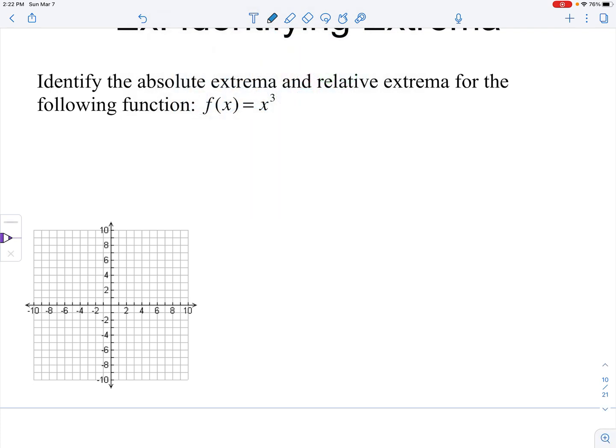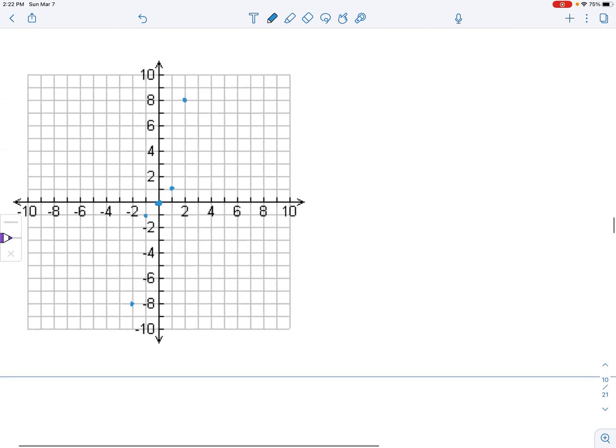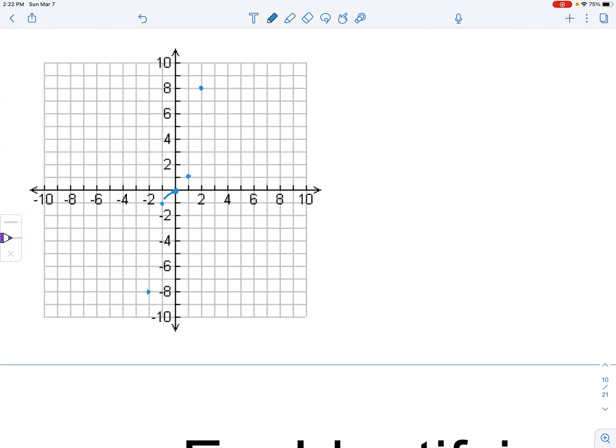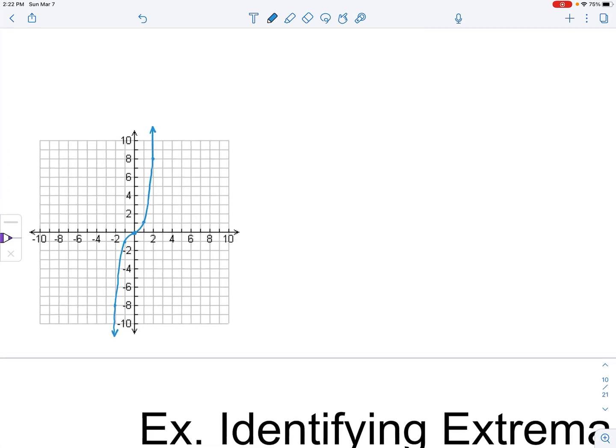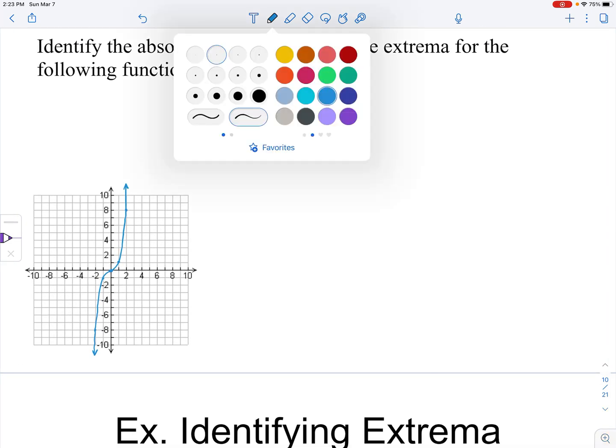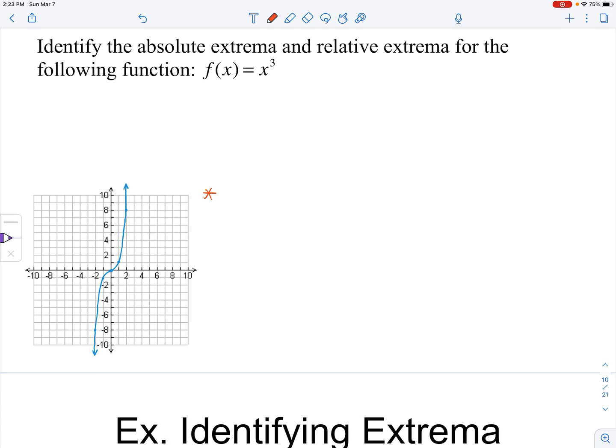Okay, so next, let's look at the graph of x cubed. No domain stated, so that means its implicit domain is all real numbers. Same points I graphed before, but instead of having just an ending point, as x goes to negative infinity, the graph goes to negative infinity. As x goes to positive infinity, the graph goes to positive infinity.